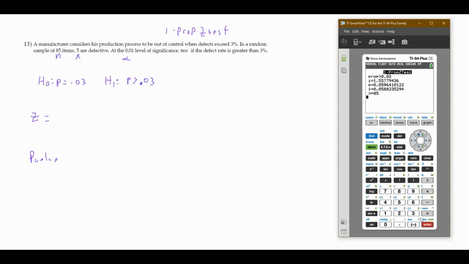And so this will give me z, which is 1.558, and p-value 0.0596. Well, that p-value is greater than 0.01, so we do not reject.